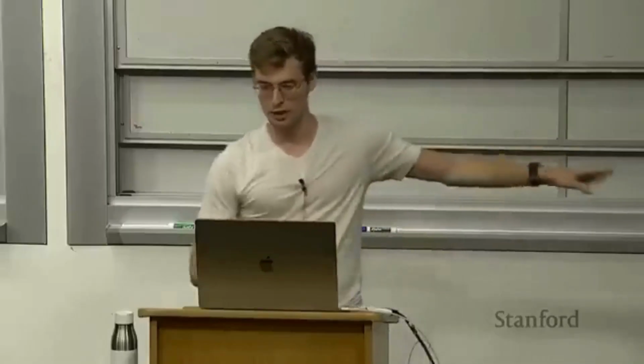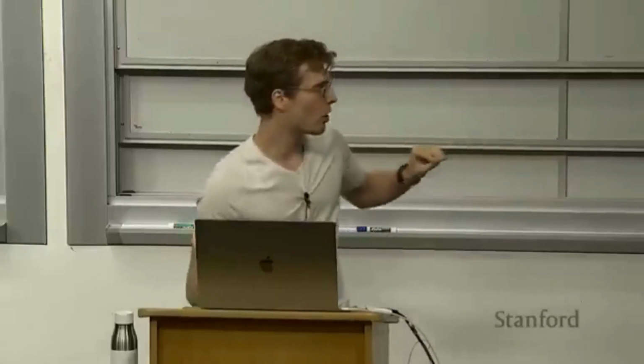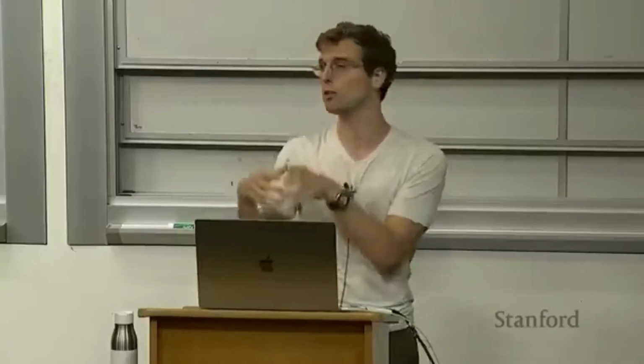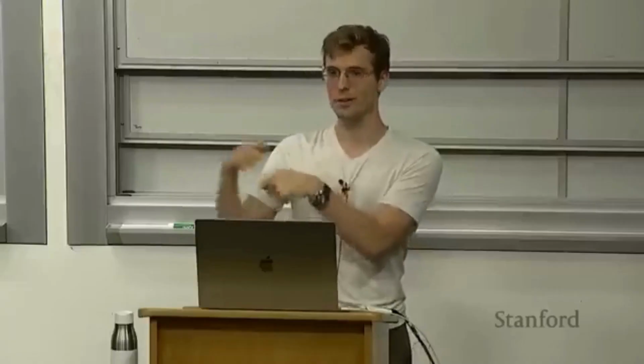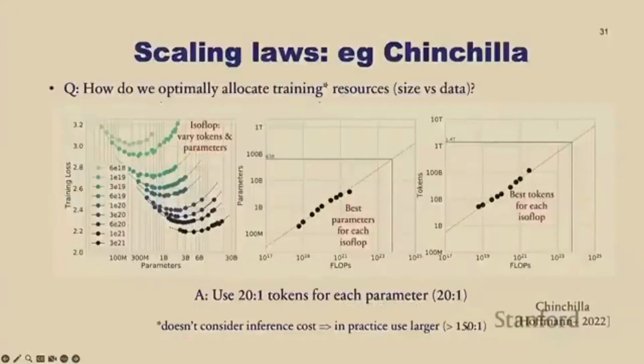So if you consider the inference cost, other papers try to show that it's around 150 tokens per parameter, because you prefer having a smaller model, since over time you're going to spend less money on inference of these models. So 150 to 1, that's around what the best models are trained on right now, at least the ones that are used in practice in production.